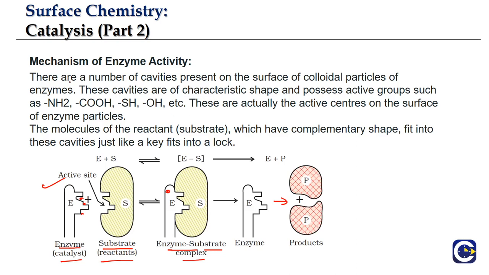And talking about the specifics, if you look at an enzyme, there will be a number of cavities present on the surface of colloidal particles of the enzyme. So each and every particle of the enzyme will be able to act as a catalyst. These cavities are of characteristic shape, and possess generally active groups such as NH2 group, COOH group, SH group, OH group.